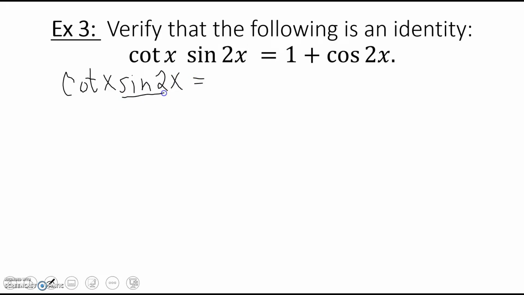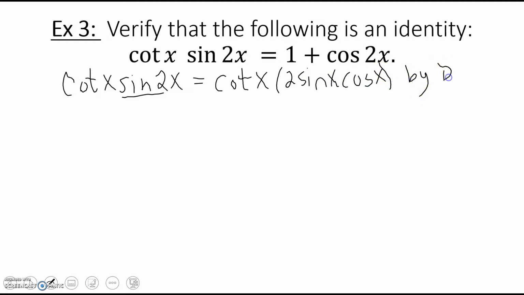I see this double angle in here, so I'm going to rewrite it as 2 sine x cosine x. And that's by the double angle identity. I'm just going to put DAI. That stands for double angle identity, okay?